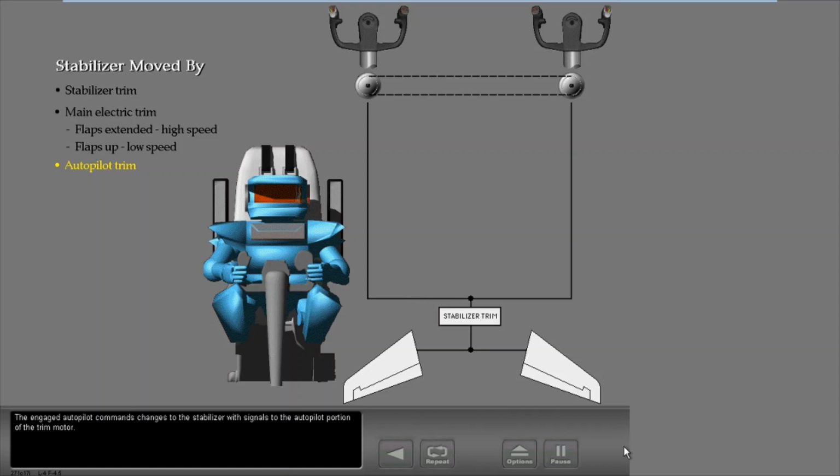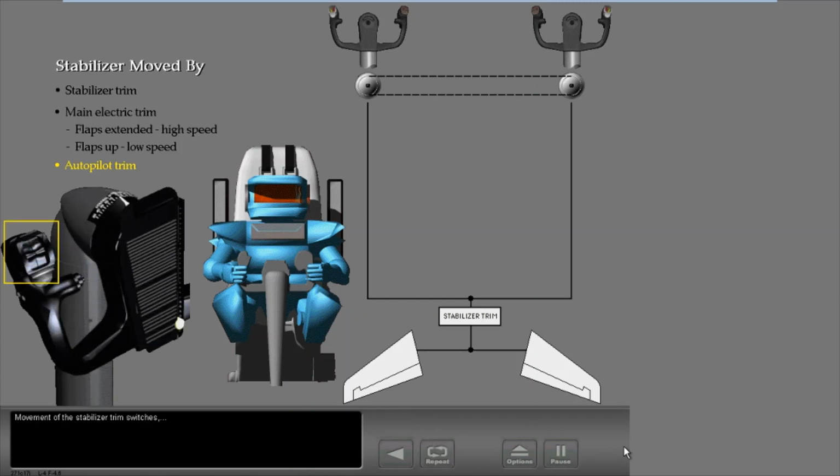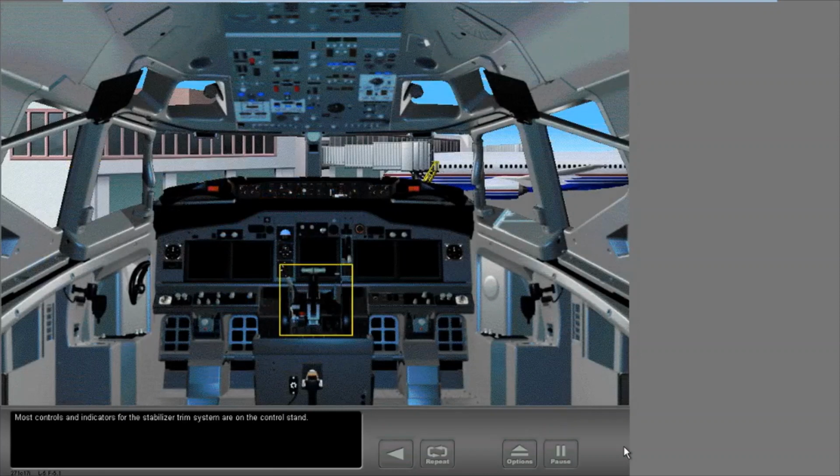The engaged autopilot commands changes to the stabilizer with signals to the autopilot portion of the trim motor. Movement of the stabilizer trim switches disconnects the engaged autopilot. Most controls and indicators for the stabilizer trim system are on the control stand.